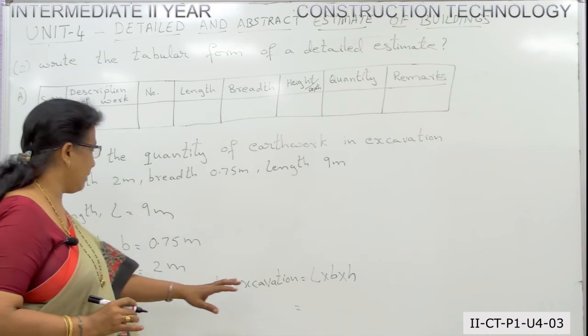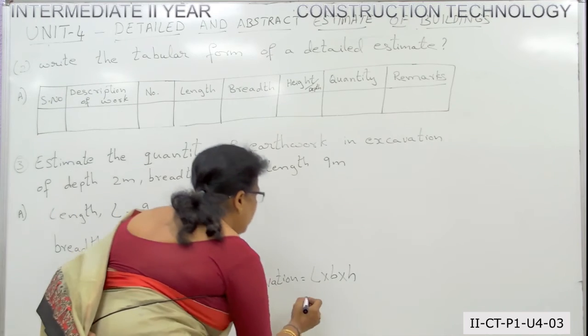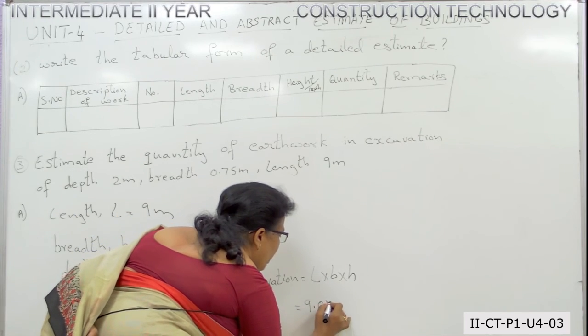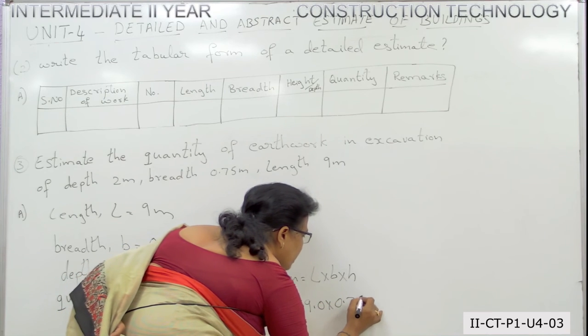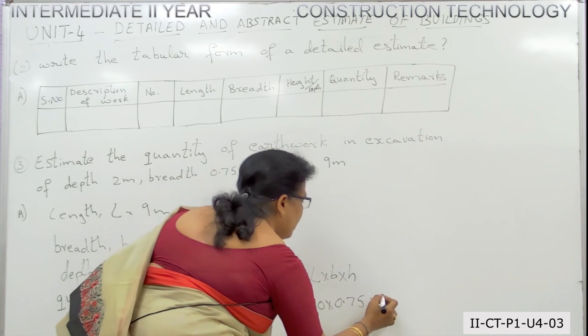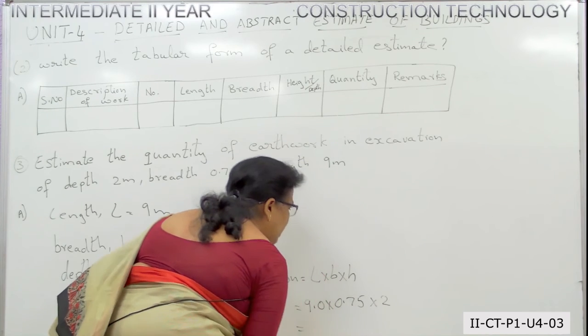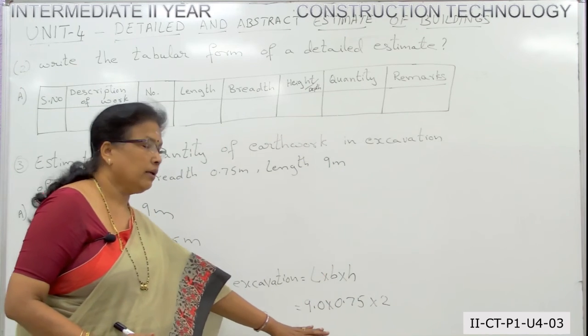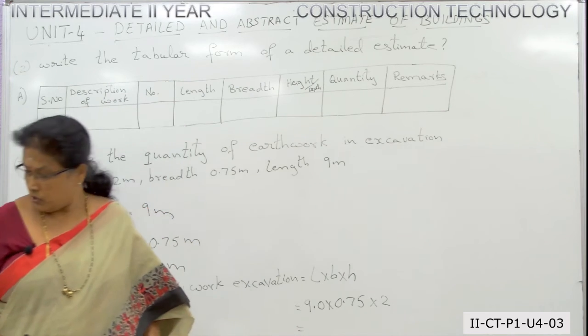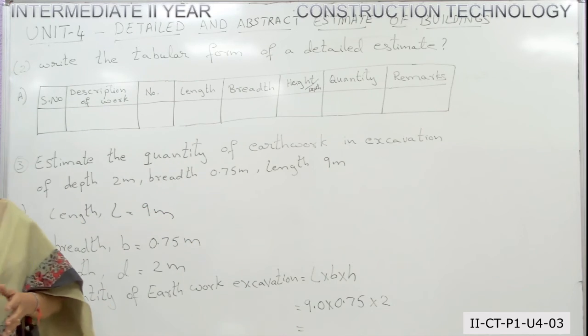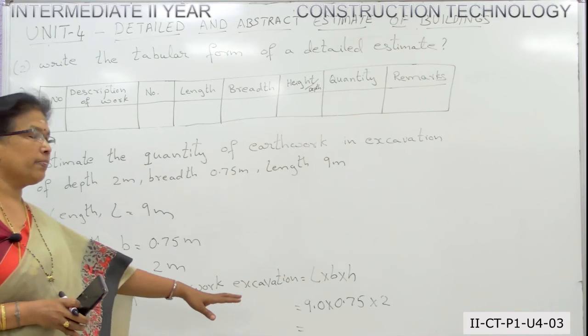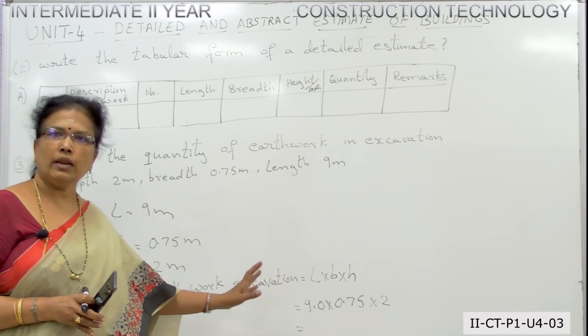That is, just substitute the length, breadth and height in this formula. Length is 9 meters, breadth is 0.75 meters and height is 2. When you multiply, whatever answer you get, you write down here. You can use your calculator for calculating.